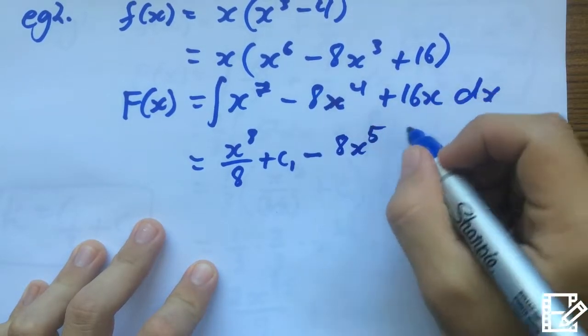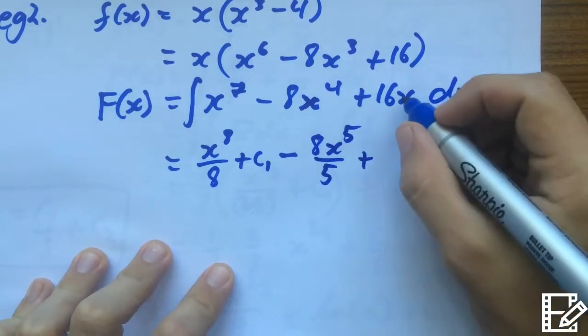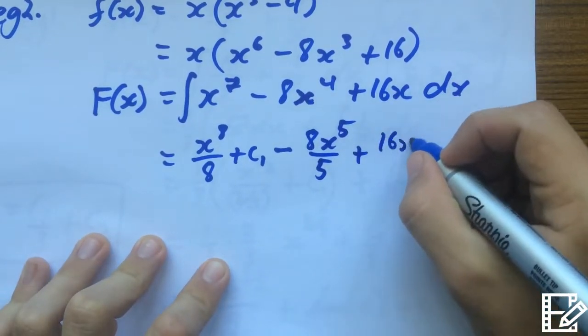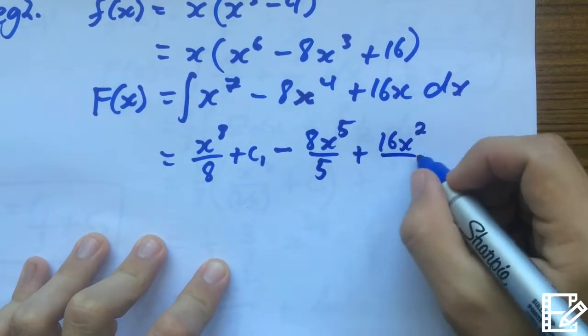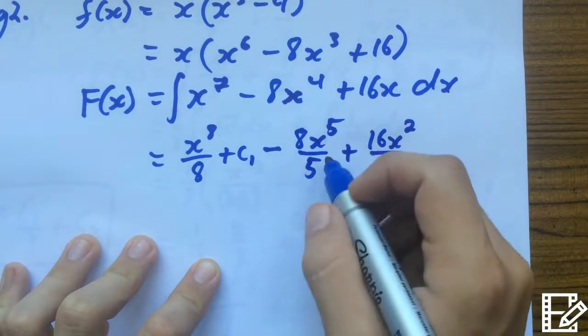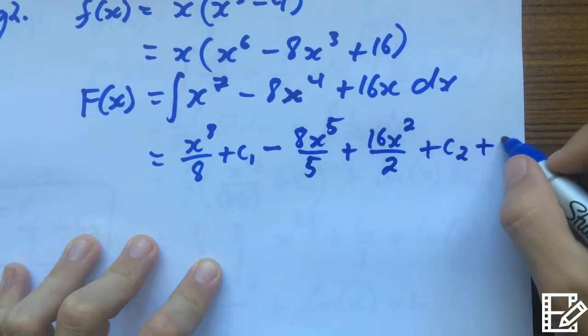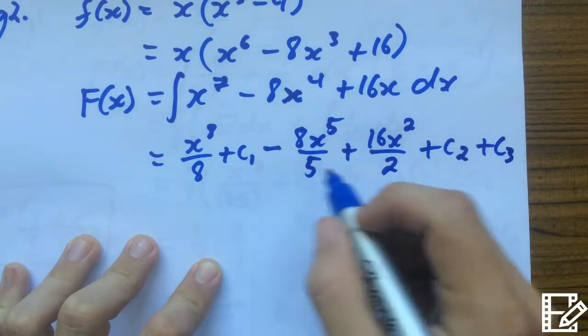So you add 1, which is 5, divide by the new power, which is 5, plus 16x, add 1 to the power, which is 2, and divide by the new power, which is 2. And, I forgot, here we also have a plus c, and here we have a plus c. So I use the subscripts 1, 2, and 3.